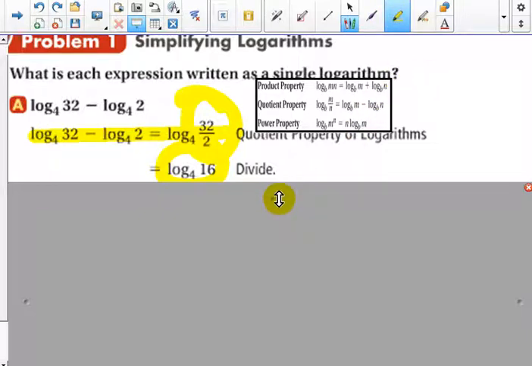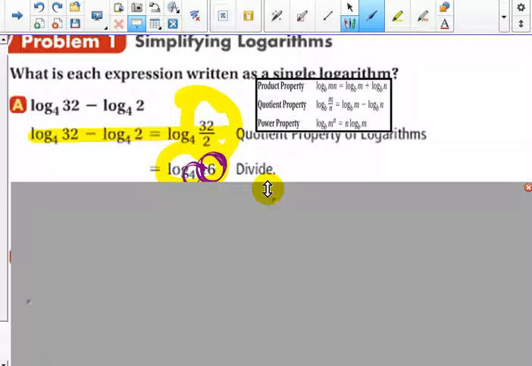Now what we want to try to do is clear any logs that we can clear, like we used to clear square roots, if we could do it. Now we're going to try to clear logs. How do we clear logs? Well, we want to try to rewrite this number as a power of your base that matches your base.